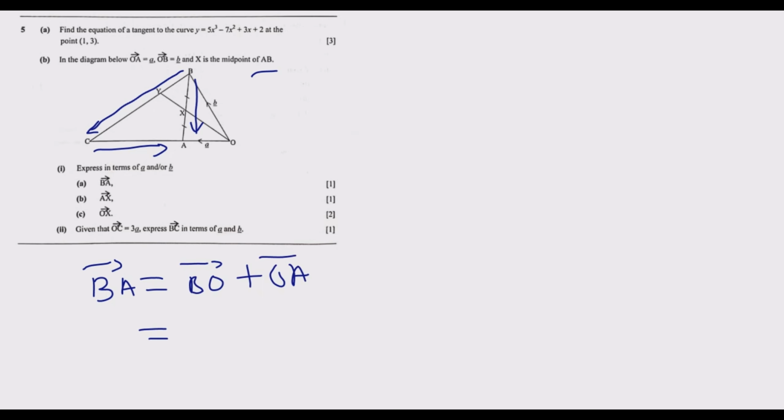So what is BO? BO is the opposite of OB, so it's in the opposite direction, so it's a negative. If you are moving in the opposite direction, we introduce a negative.